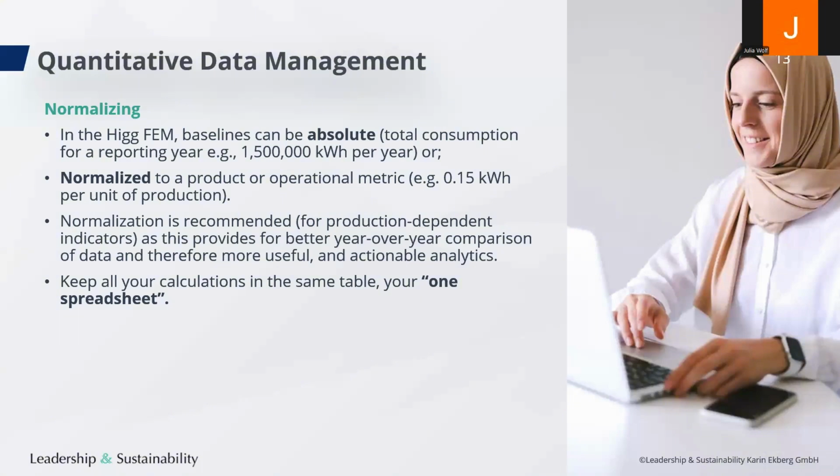And I usually recommend to normalize just in order to be able to compare in a better way if you're actually saving energy or not, or saving water. The same principle applies, of course, to any quantitative production-related consumption value. So it can be energy, it can be water, it can even be waste, etc. And as I said, please keep all your calculations in the same table in one spreadsheet.